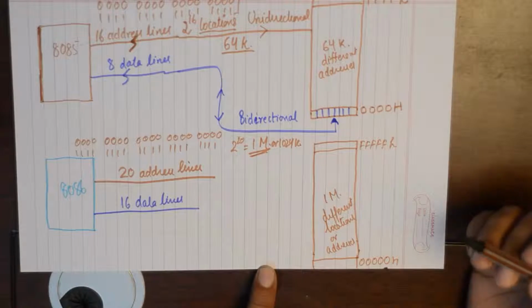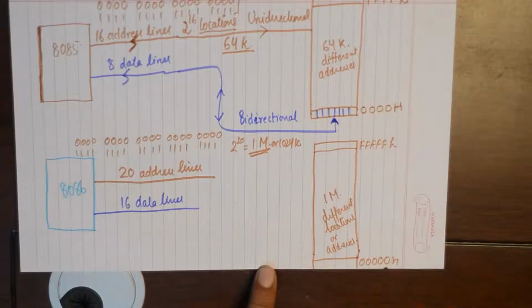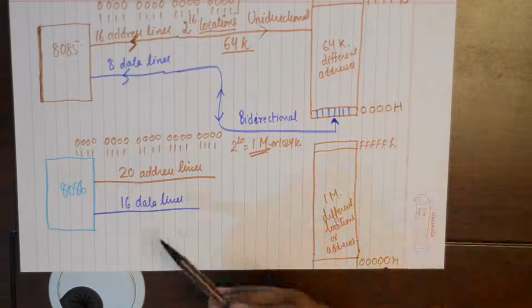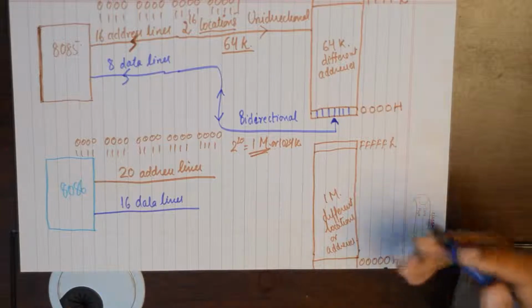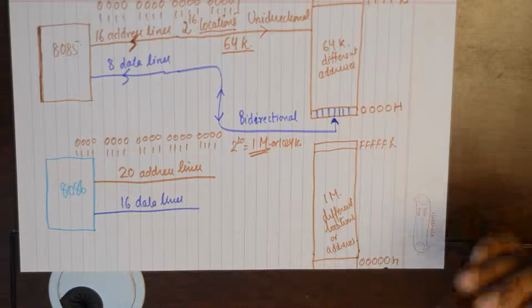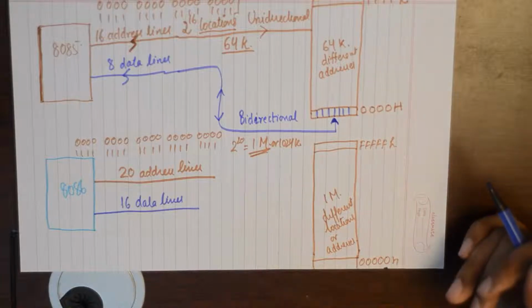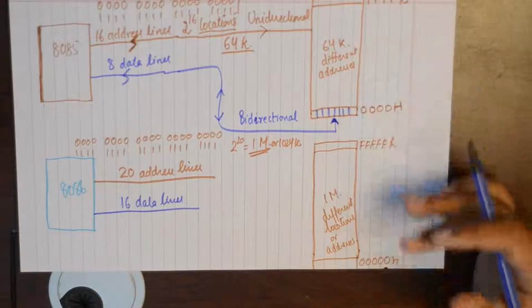This is a well-known fact that by adding just one address line we can double the capacity of the memory. Similarly, the 16 data lines signify that this microprocessor is capable of sending 16 bits of data in one go to a register within the memory. So now you can see the difference between the two.